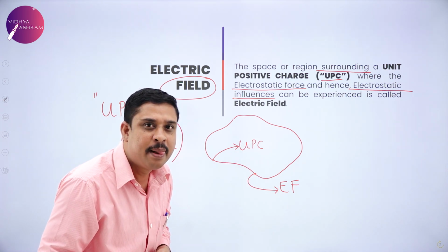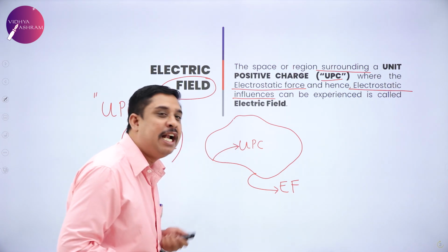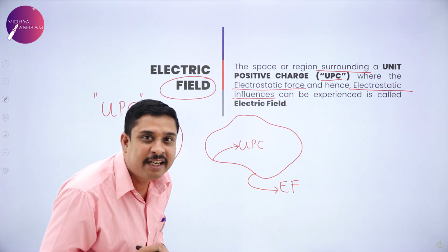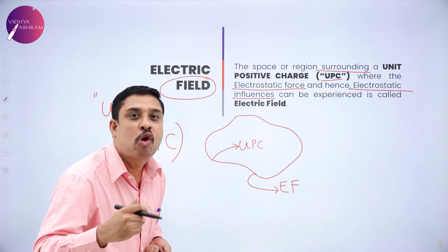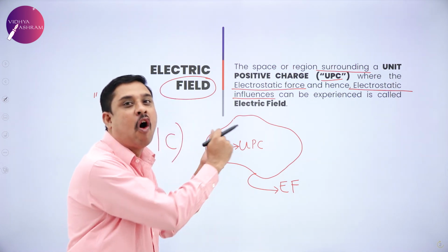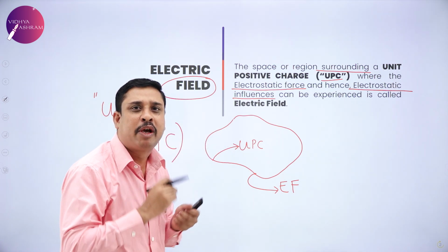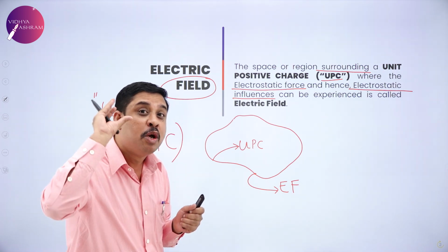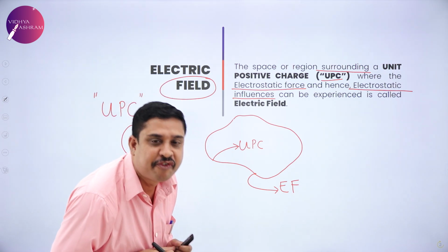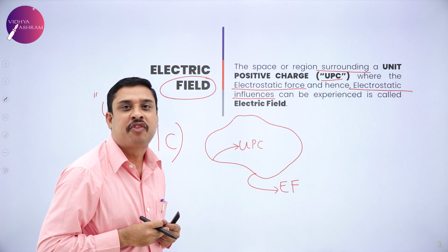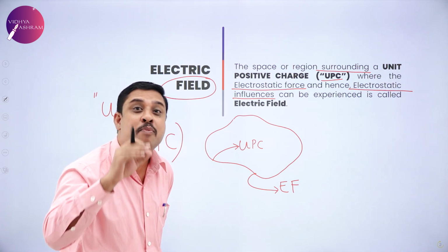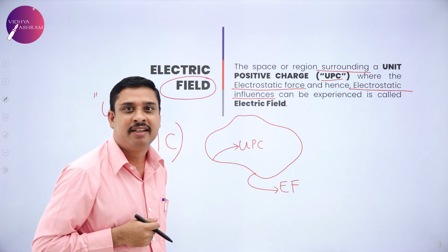Meaning to say, the field should exert some electrostatic force on the charge. Because of that, the charge may rotate inside the field. Because of the force, the charge may experience a torque.